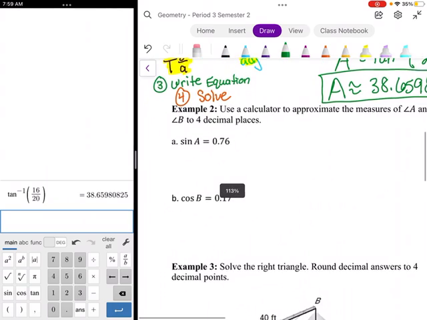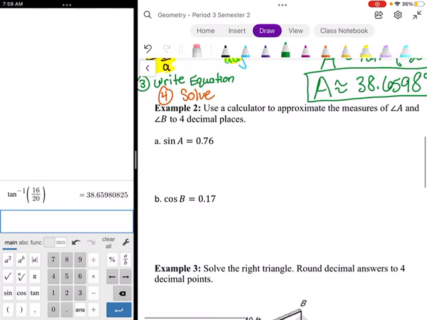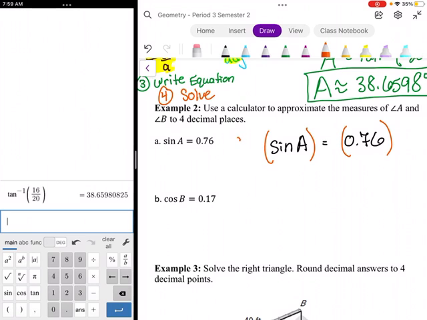Now if we look at example 2, we're going to use a calculator to approximate the measure of angle A and angle B to 4 decimal points. So for this, they just gave us an equation. They didn't give us a triangle. And that's okay because we're still going to solve it the same way we did before by using our inverse functions. And you're always going to do the inverse of whatever function they give you.